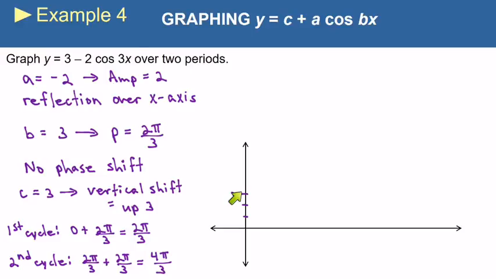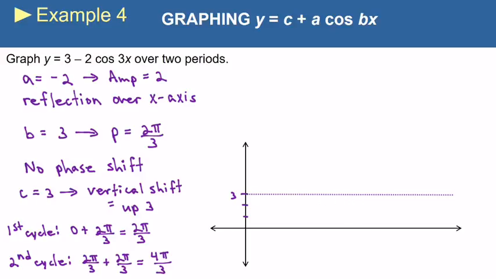So I go up 3 on my axis and I draw a horizontal line. That gives my eye something to look at so that I'm not constantly trying to look back at the axis. Because if you keep looking at the axis, you'll want to use the axis as your middle line, and you can't this time. So this gives me a middle line to work with.